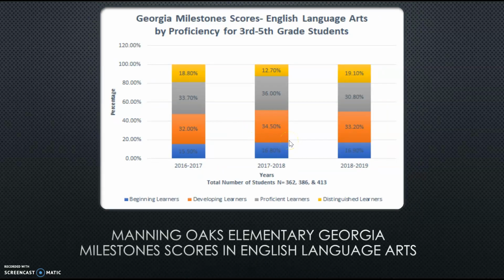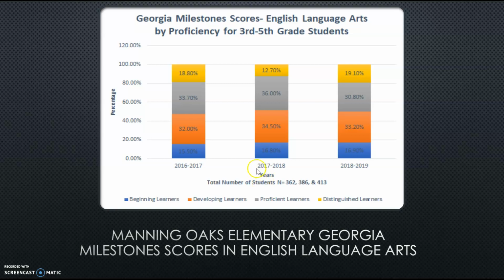Now, let's focus on the performance of 3rd through 5th graders on the English Language Arts test of the Georgia Milestones. The years represented in this graph span from 2016 to 2019, since the Georgia Milestones did not occur in the 2019-2020 school year.